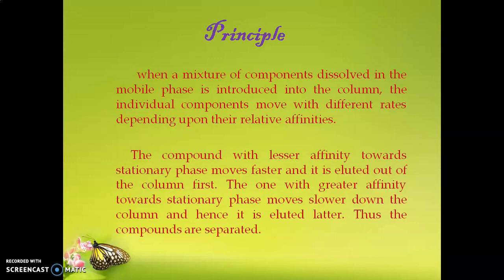The component with lesser affinity towards the stationary phase moves faster and is eluted out of the column first. The one with greater affinity towards the stationary phase moves slower down the column and hence is eluted later. Thus, the components are separated.